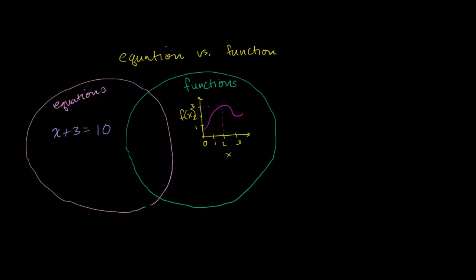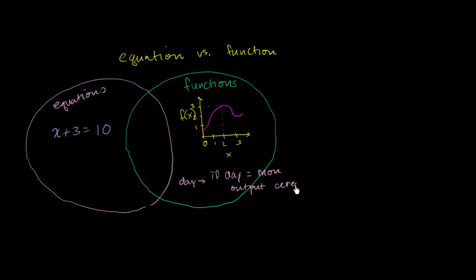Another function definition would be very similar to what you do in a computer program. Something like, if you input the day, so let's say that you input the day of the week, and if day is equal to Monday, maybe you output cereal.